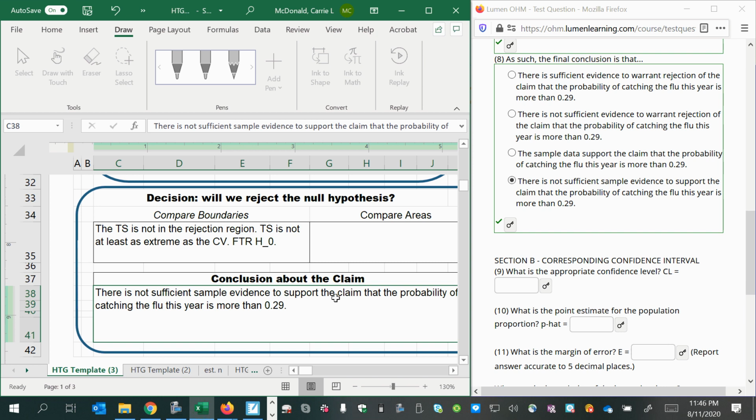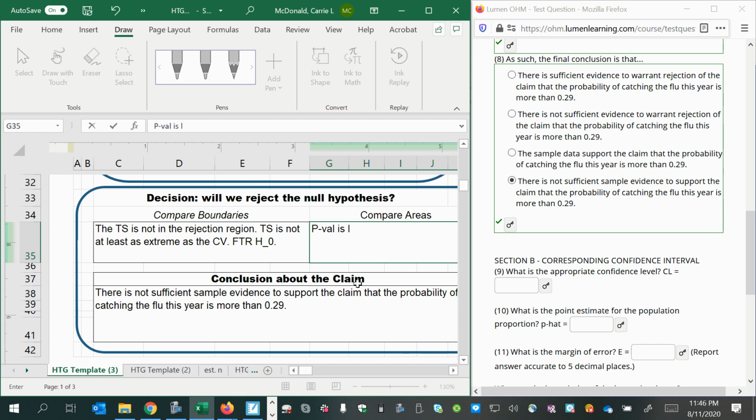Now when we compared the areas, what we said was that the p-value is less than or equal to the significance alpha. So reject, or I meant to say it is not less than.